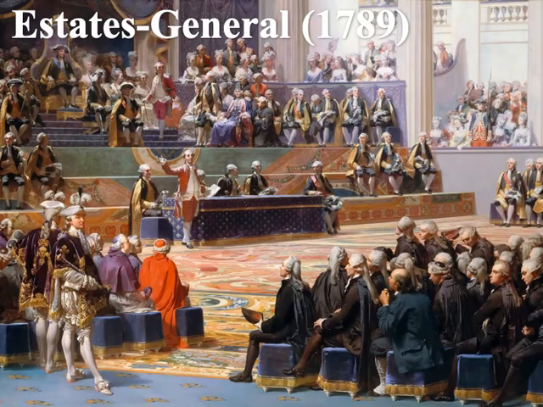Well, needless to say, any measure that was introduced to the body in which they would propose the idea of lowering taxes usually would get outvoted by the first and second estate, overwhelming the vote of the third estate.